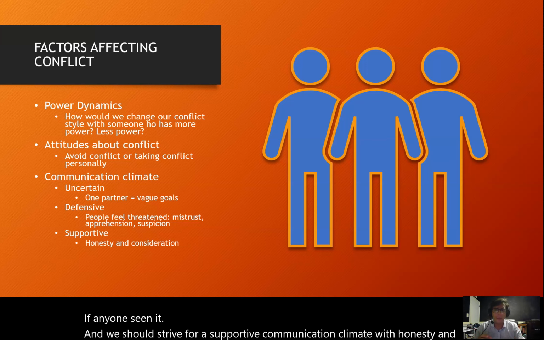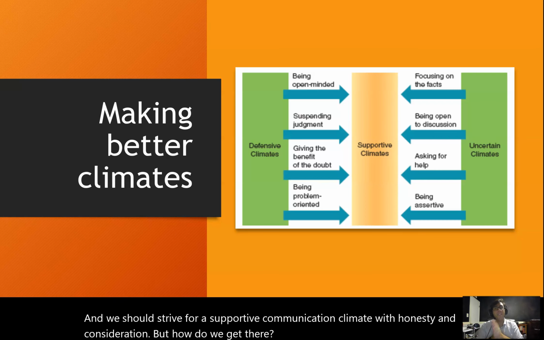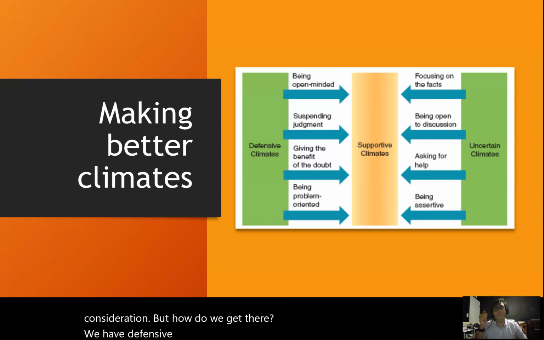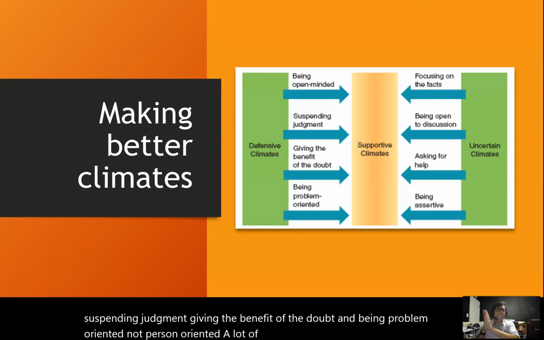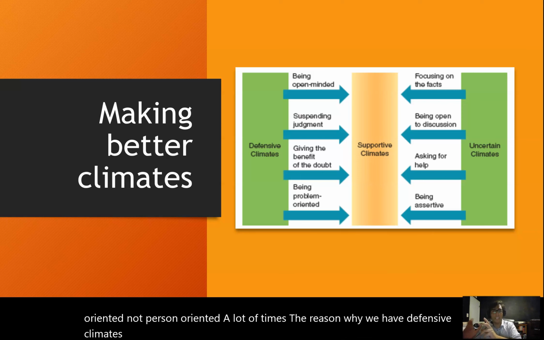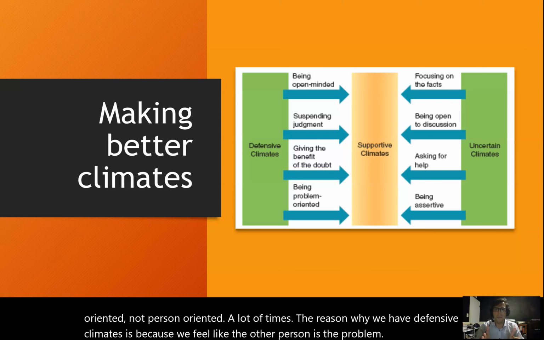But how do we get there? Well, we have defensive climates. Defensive climates involve being open minded, suspending judgment, giving the benefit of the doubt, and being problem oriented, not person oriented. A lot of times, the reason why we have defensive climates is because we feel like the other person is the problem instead of the problem being the problem.